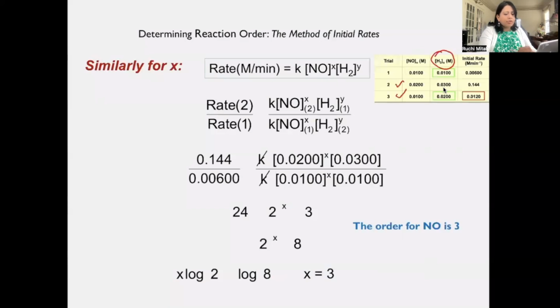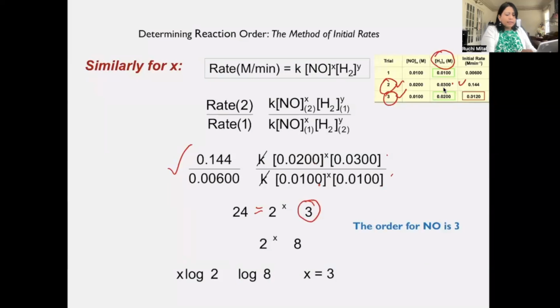So these are your concentration of NO over here, and then here the concentration of hydrogen. So we are again doing the same. We are taking the ratio of the initial rates of experiment number 2 and experiment number 3 and plugged in the values over here. When we solve this, this comes to 24 over 3, and 2 raised to x is equal to 3.